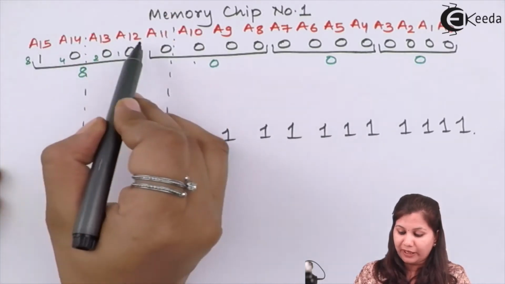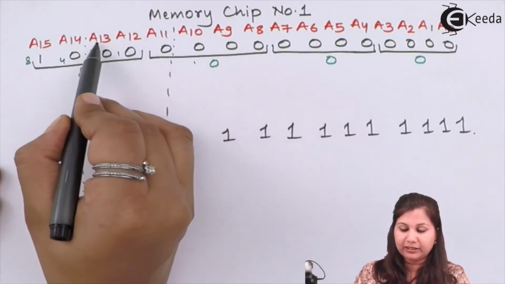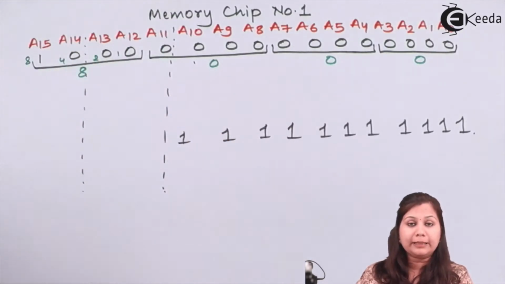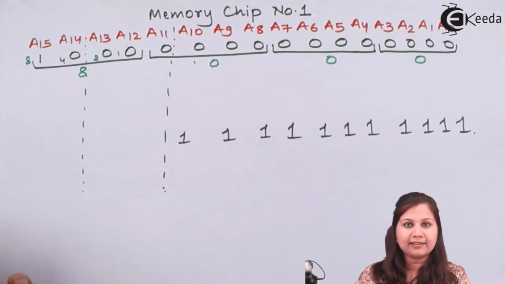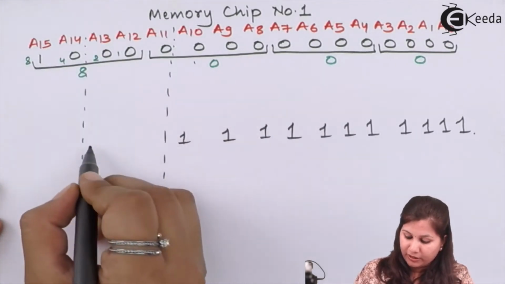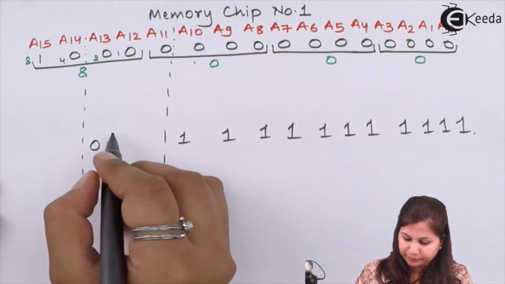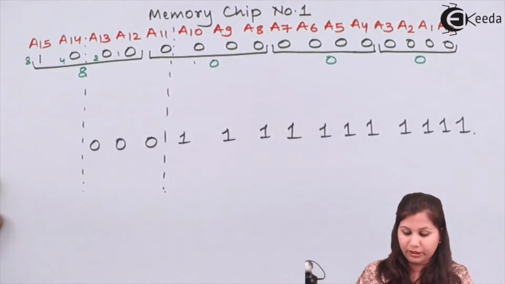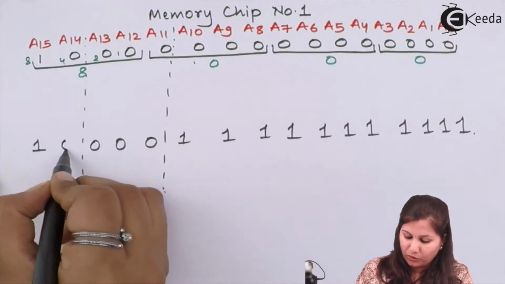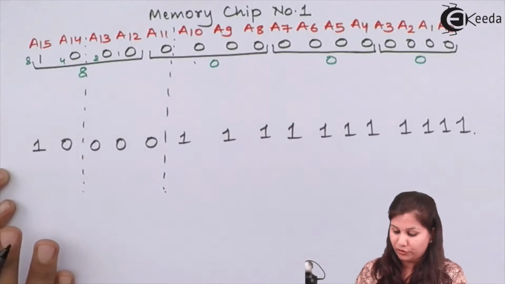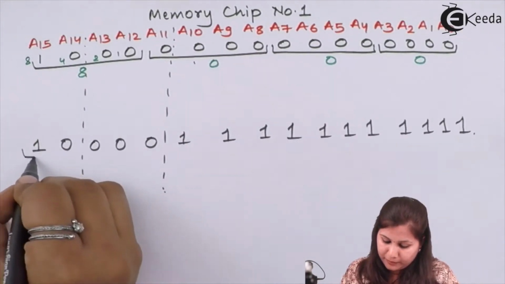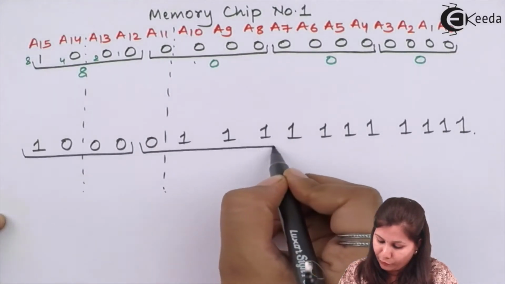So we are using A11, A12 and A13 as the input lines for the 74LS138 decoder. The values of these 3 will be constant, and the values of A14 and A15 will also be constant. They are not going to change. So what address are we getting for the memory chip? Combined 4 bits.